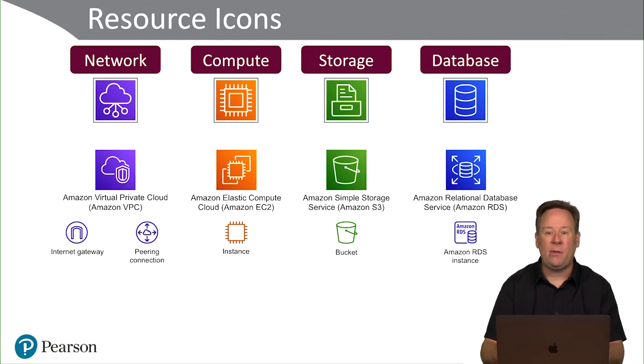You can place EC2 instances within that VPC. You can draw connectors from that VPC to S3 buckets for storage, and you can also place your database resources like RDS into that VPC.